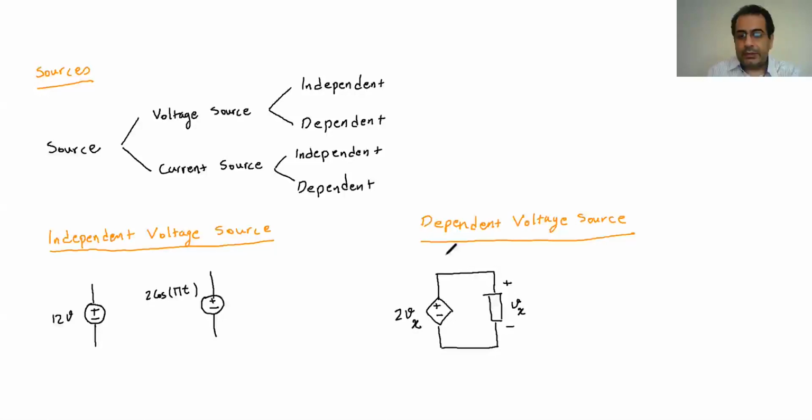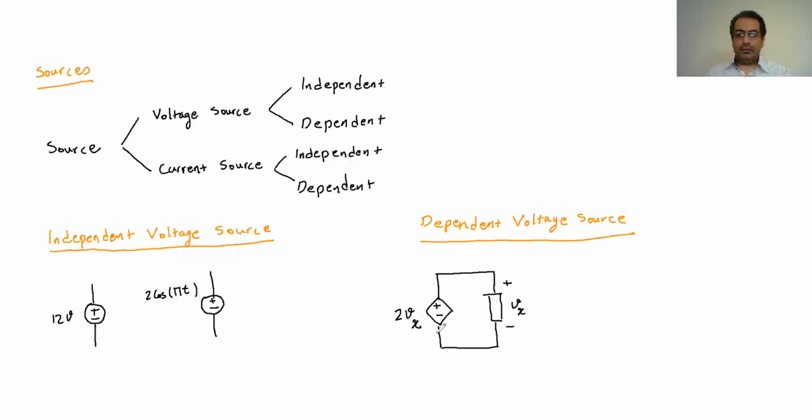So it depends on what's going to be the voltage in that element. This source is going to provide us 2 times the voltage that's going to be in that element. So if the voltage in that element changes, the voltage this source is going to be providing is going to change as well.